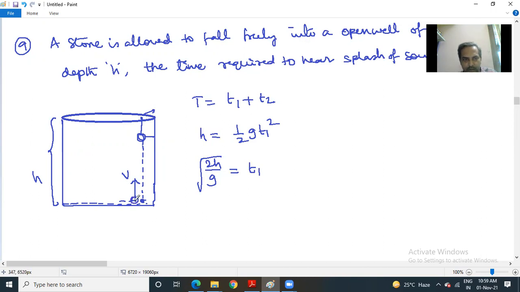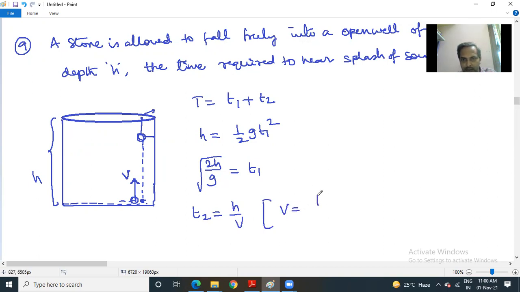After it touches the water, sound is produced and travels with speed v, which is uniform. This sound also has to travel a distance equal to the depth of the well. So T2 is equal to h by v, because speed is equal to distance by time.